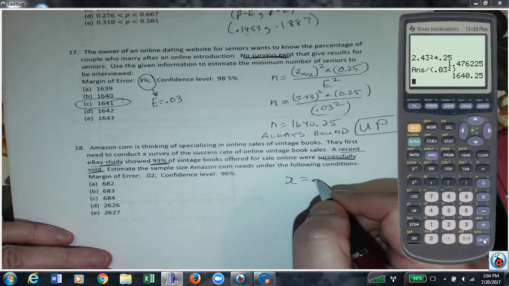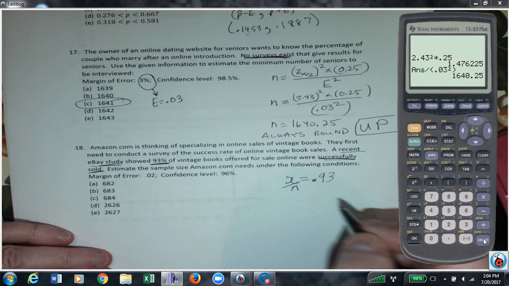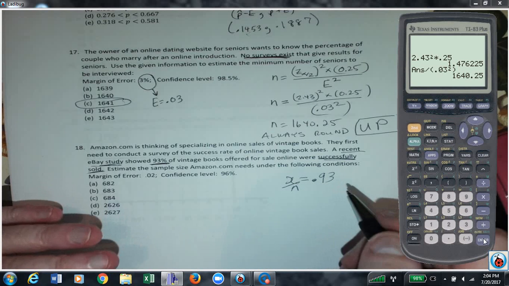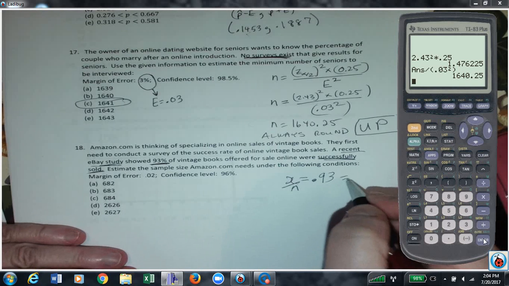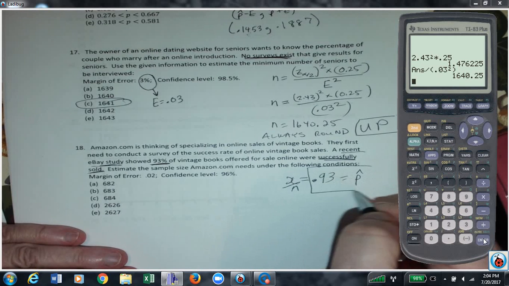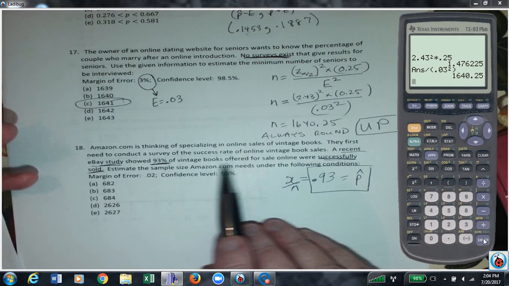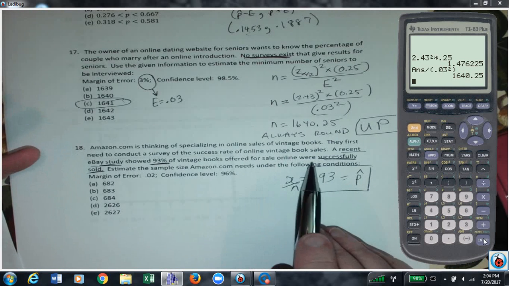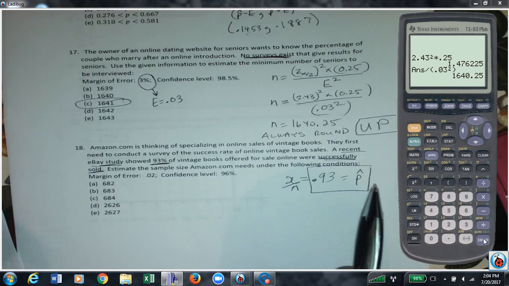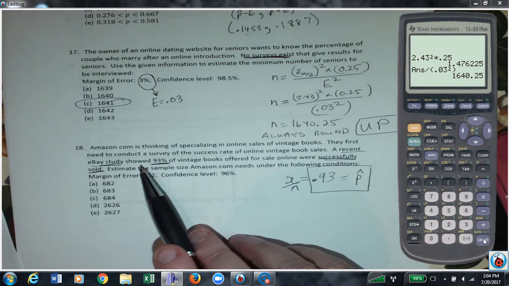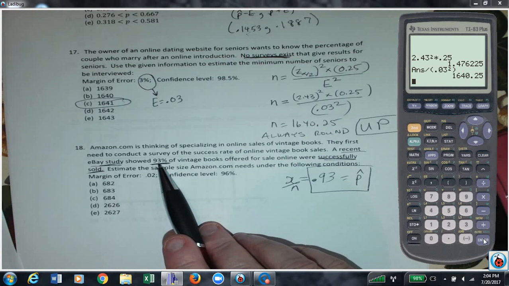Okay. So our proportion of success is 93%. So that is my p hat. Because I don't have the actual number of successful sales out of total book sales. That's not available. But I do know that the proportion of success was 93%.